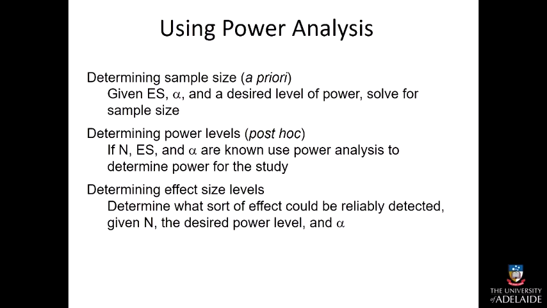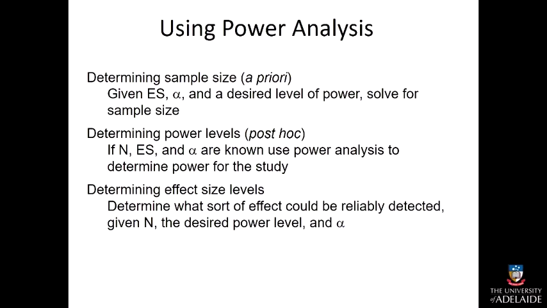So that's the basic theoretical stuff about power analysis. How can we use what we've just been discussing? A common use that you almost intuitively will be familiar with is the determination of sample size before you conduct a study.